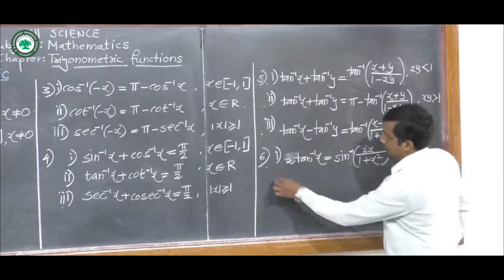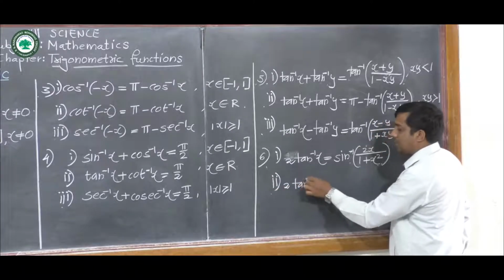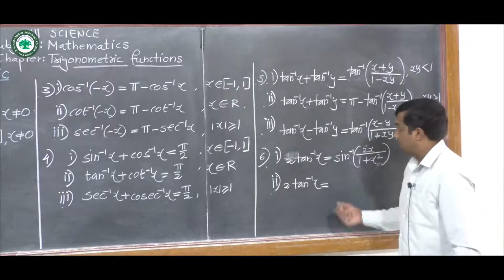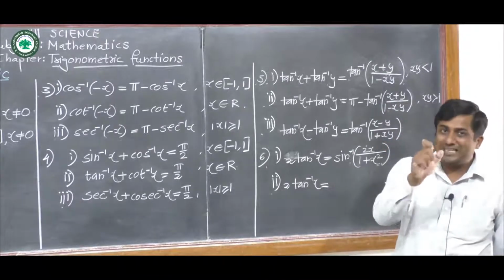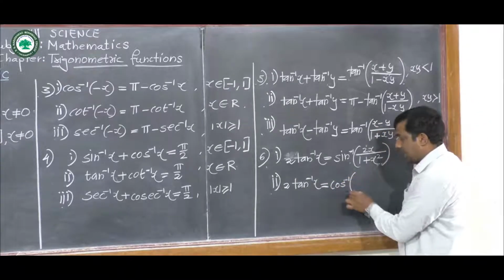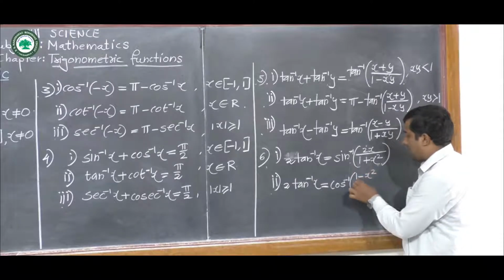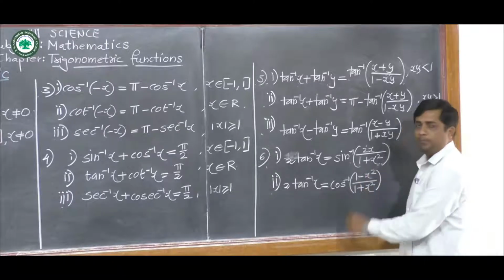Then in the second, 2 into tan inverse of x is equal to, now we define this property using the trigonometric function cos inverse. So cos inverse, inside the bracket, 1 minus x square upon 1 plus x square.